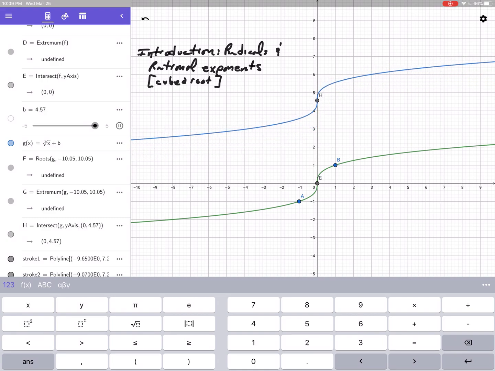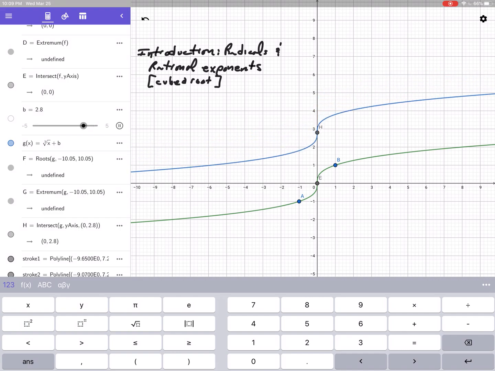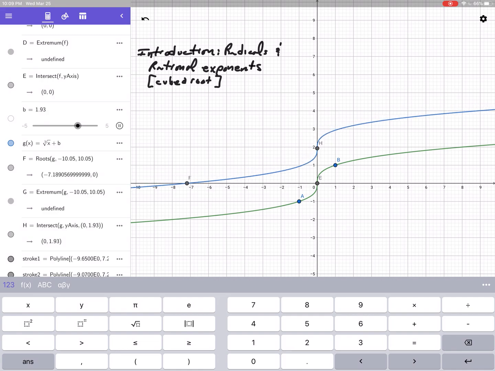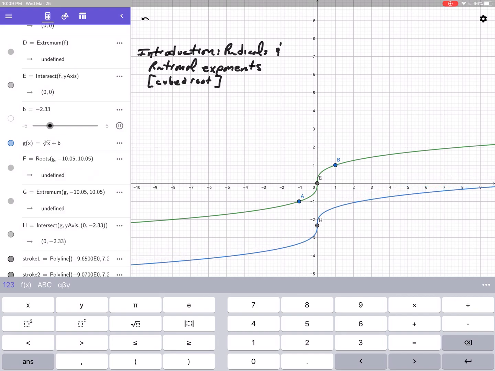H just moves up and down, but the function stays the same. Oh, F is coming up. Whoa! Unity. Okay, that's awesome. And you see it.